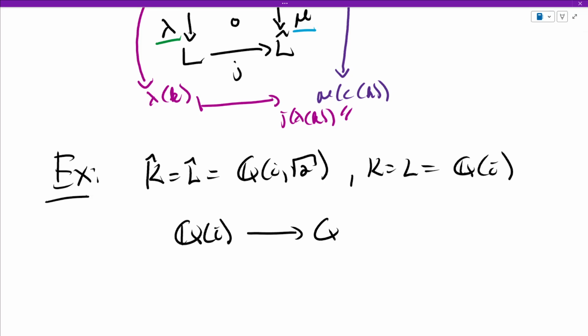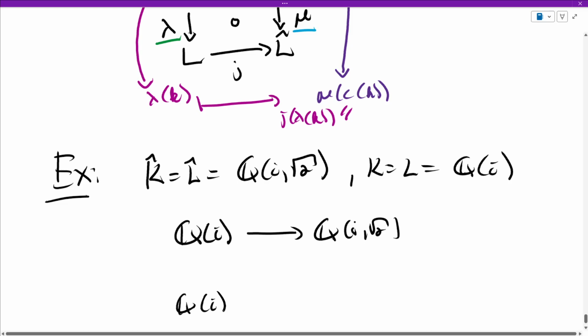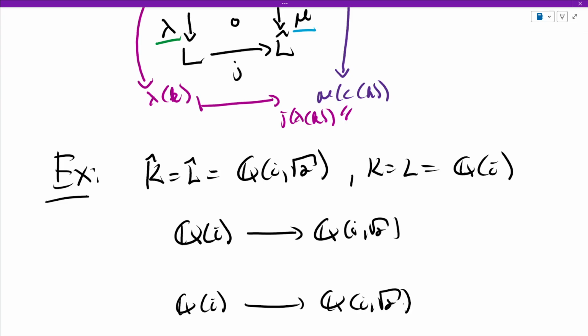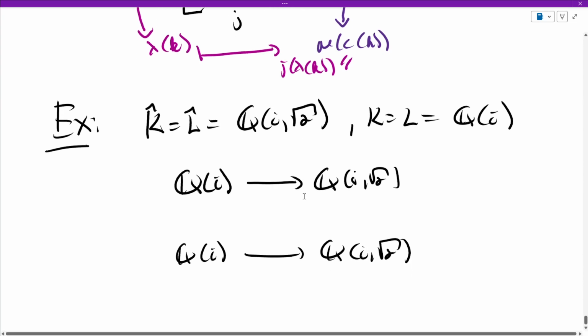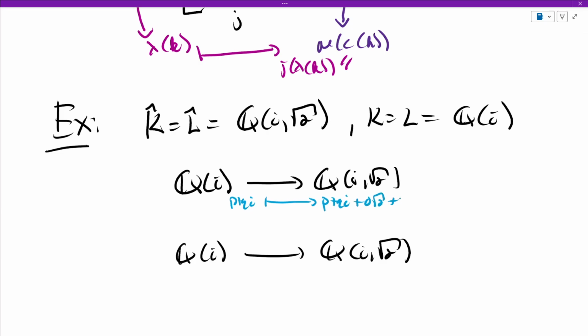We have Q adjoin i root 2 sitting naturally inside Q adjoin i root 2. These functions here just take p plus qi and view it as p plus qi, no root 2's, and no i root 2's. And the same for the bottom line here.